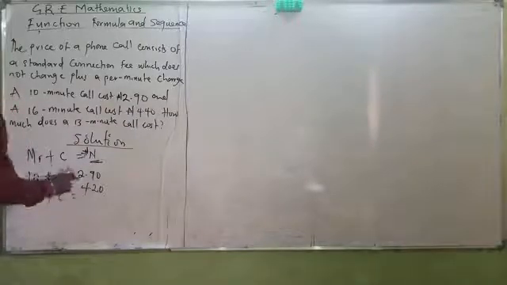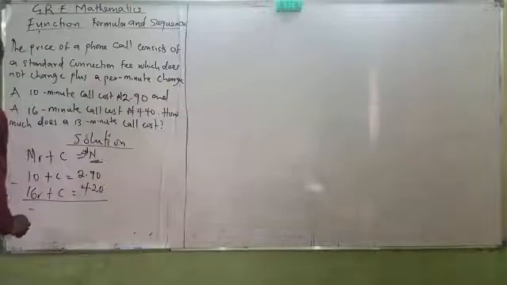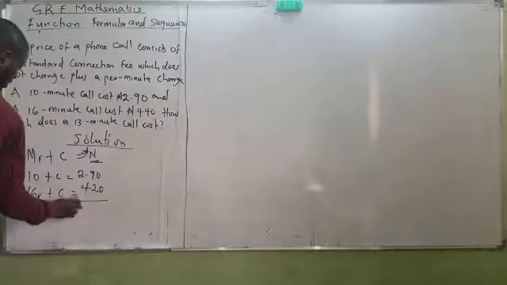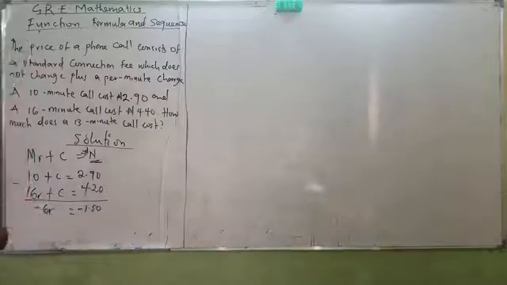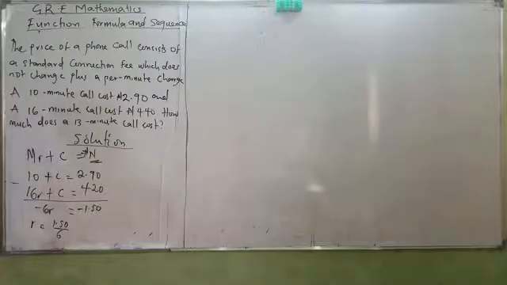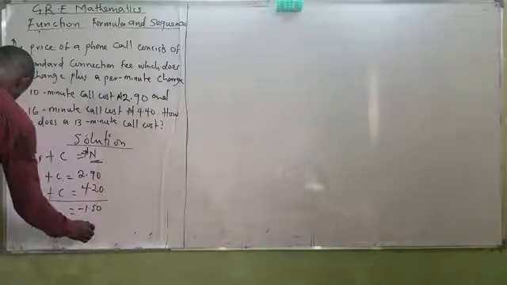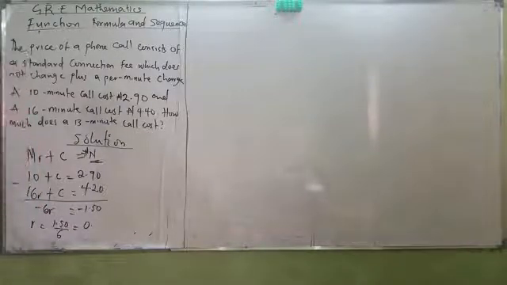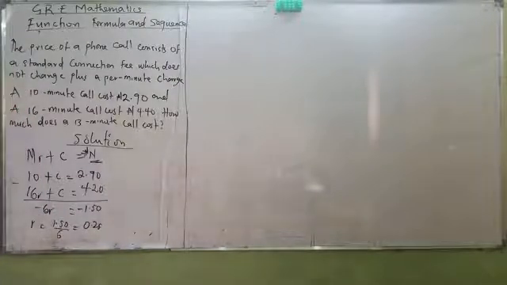Now I want to move on with the elimination method, which gives me minus 6R equals minus 1.5 naira. Now I have R equals 1.5 divided by 6, which will be 0.25. Since that is my rate, 0.25.